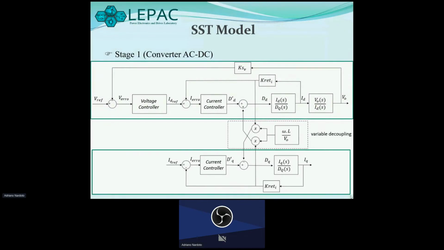The second control loop: the quadrature current reference is compared to the measured quadrature current. The error signal is used as reference for the current controller to produce the coupled quadrature axis duty cycle. After the decoupling of variables, there is the quadrature duty cycle that enters the modulator to generate the IGBT command signal.